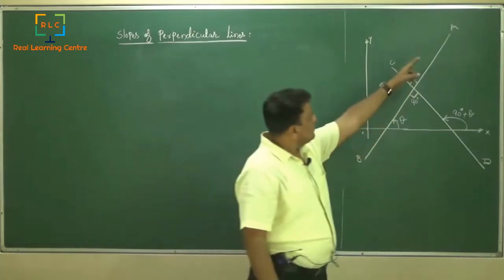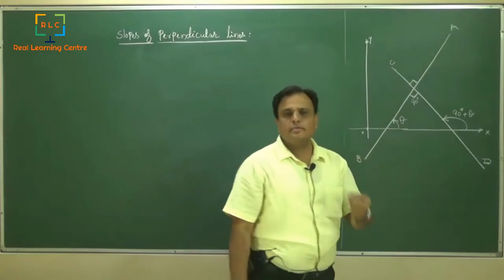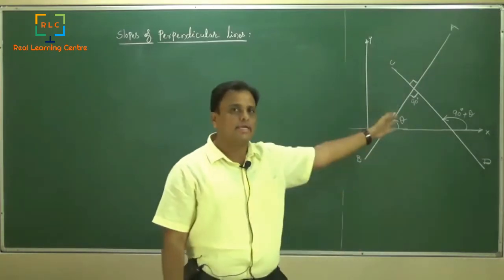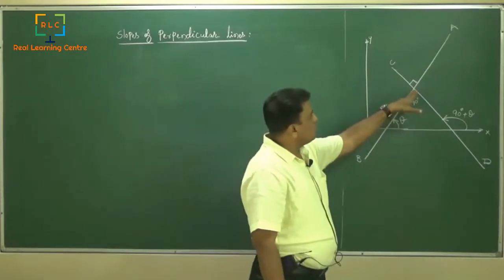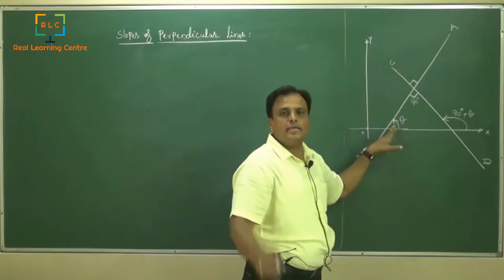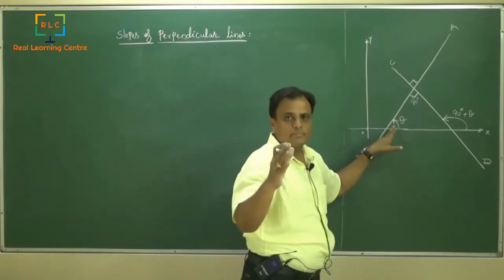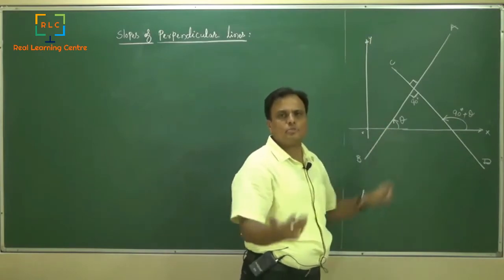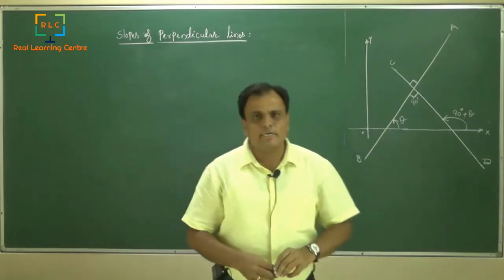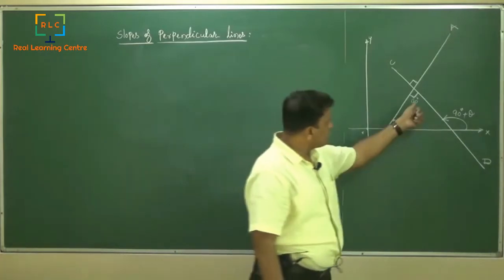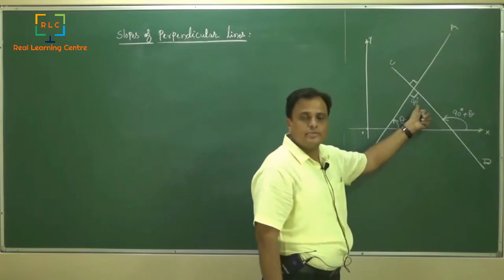Here, consider two perpendicular lines AB and CD, which are perpendicular to each other as shown in the diagram. Let theta be the inclination of the line AB. Inclination means the angle of the line with the positive x-axis, measured in the positive direction, in the interval 0 to 180. As these two lines are perpendicular, this angle is 90 degrees.